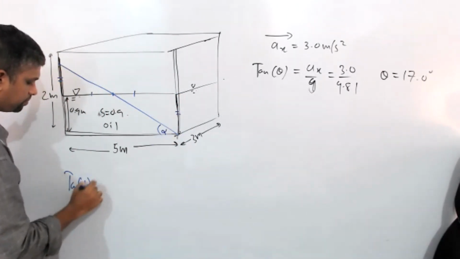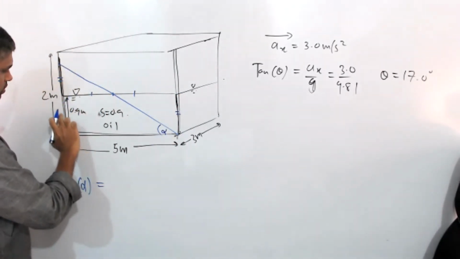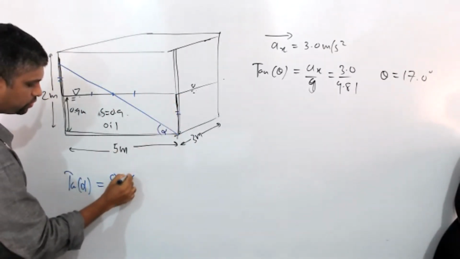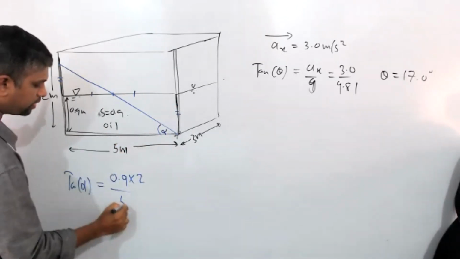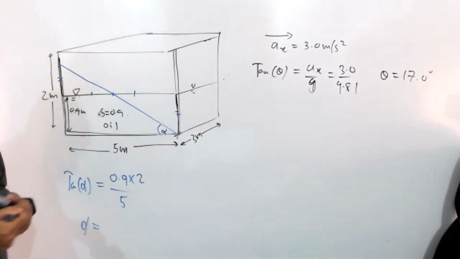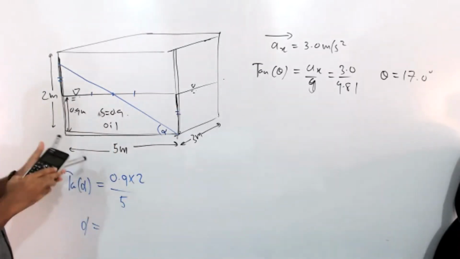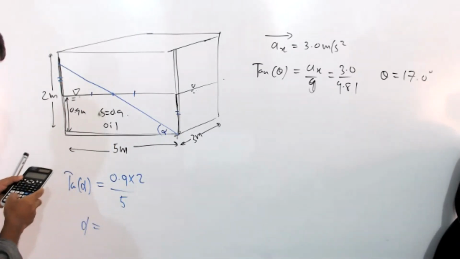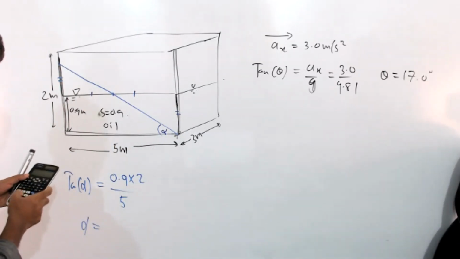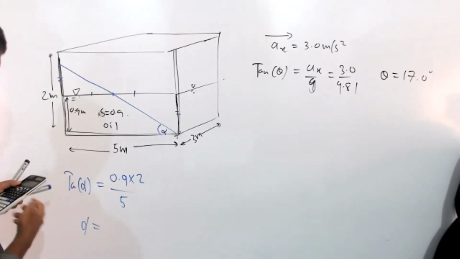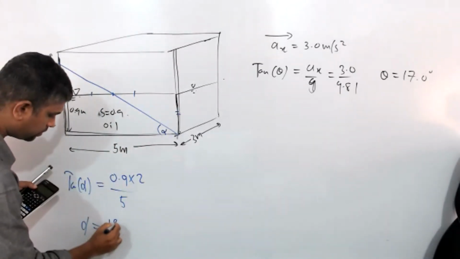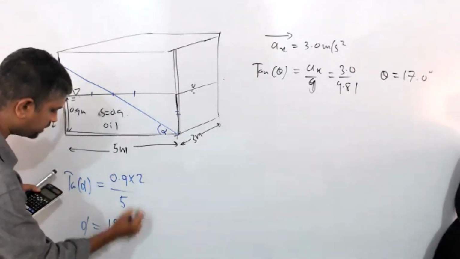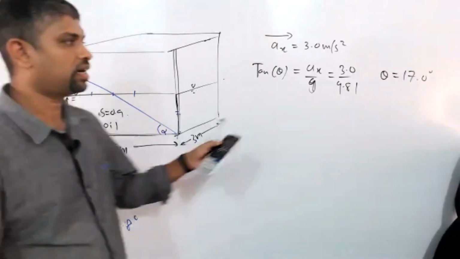Tan alpha is this height, 0.9 into 2, divided by this base 5. So alpha equals tan inverse of 0.9 into 2 divided by 5, which is 19.8 degrees. But this theta is 17.